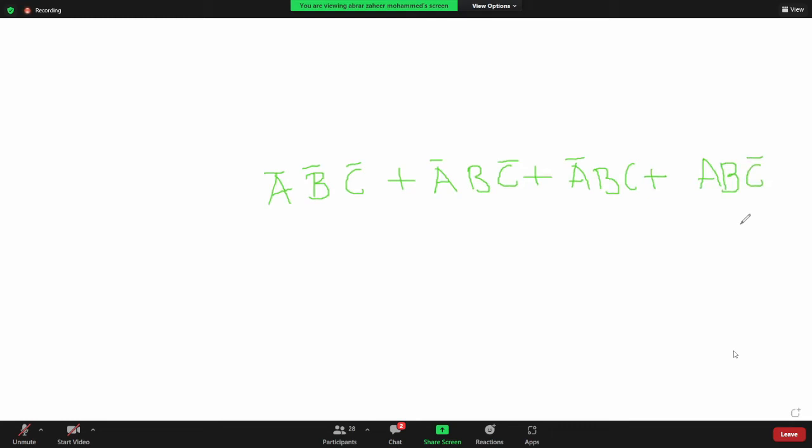Okay, so this is the expression in the SOP form. Now simplify this expression by using the K-map and tell me the minimized SOP.